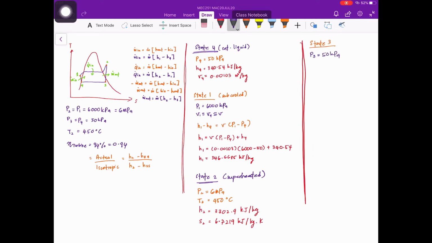And lastly, in order for us to find the value for the enthalpy at state 3, first we need to do the characterization for this state, so then we know which phase this state is in. The information that we have is the pressure at state 3, which is 50 kilopascal, and also process 2 to 3 across our turbine is an isentropic process, where the entropy at state 2 is equal to the entropy at state 3.